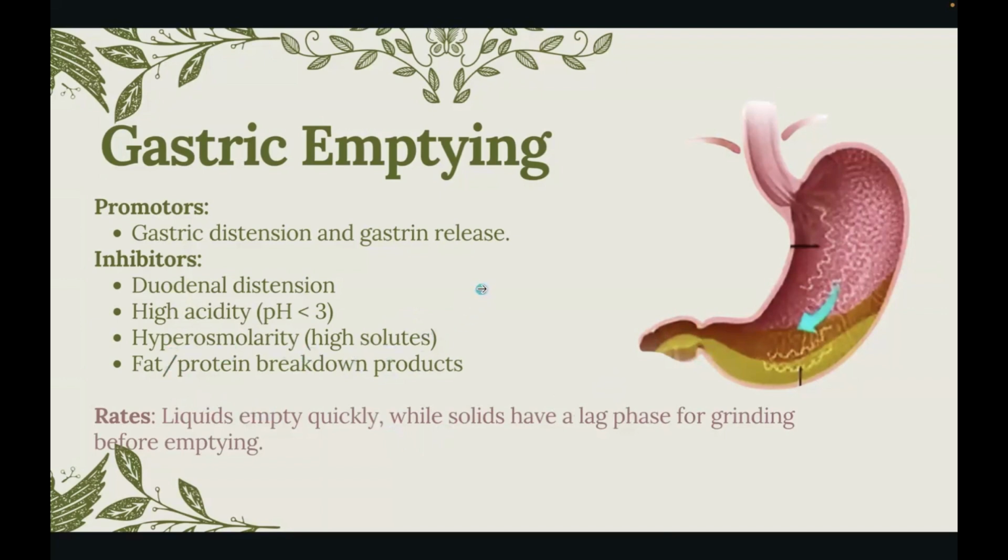You don't have to go into details about this. It's just that the food is hyperosmolar. That means that it's high in solutes and it's really not liquidy. It's kind of solid. So whenever that happens, the gastric emptying decreases because you don't want that. Because it's kind of solid, if it goes into the duodenum while hyperosmolar, it's just going to cause obstruction.